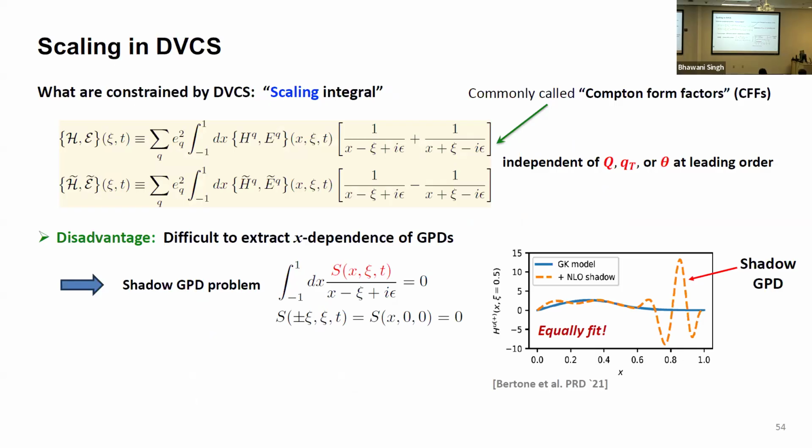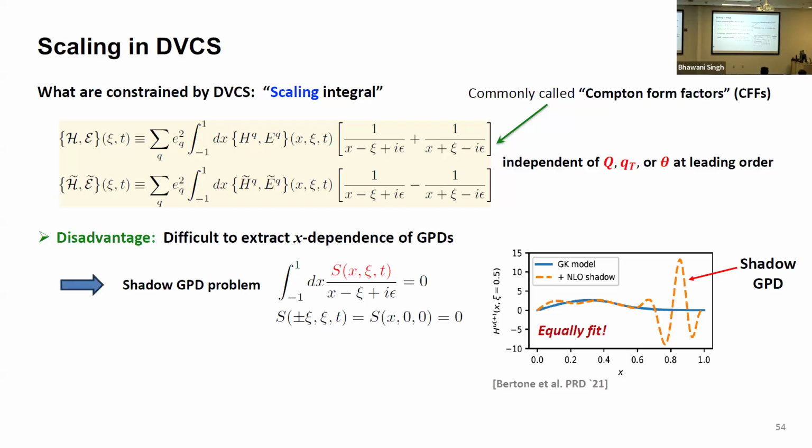One way to see that is, even though you constrain the left-hand side of all these convolutions, you can still have a lot of freedom for the GPDs that enter these integrals, because you can define something called a shadow GPD, denoted by this S here. This shadow GPD can survive all the experimental measurements related to DVCS. They give zero integrals, and they cannot be distinguished from the real GPDs.